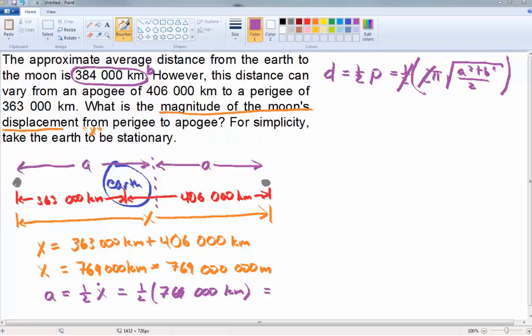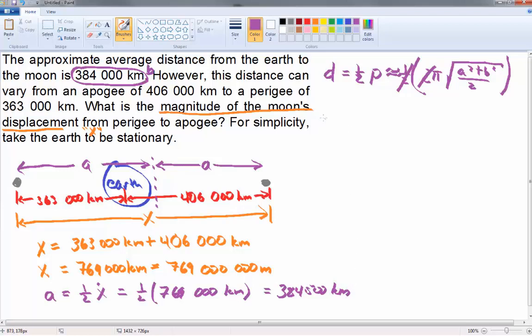So the value for a is very nearly equal to this average value. And that tells us that it's actually a fairly circular ellipse. That's good because this formula is valid for an ellipse that is very nearly circular. So we have 384,500 kilometers for a.